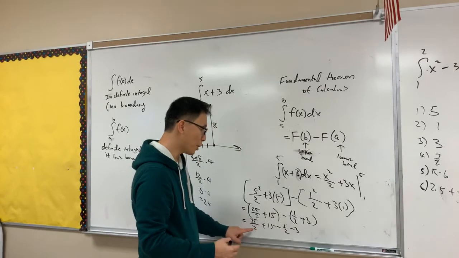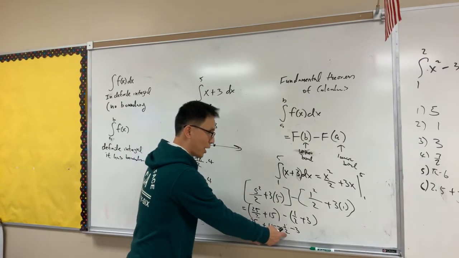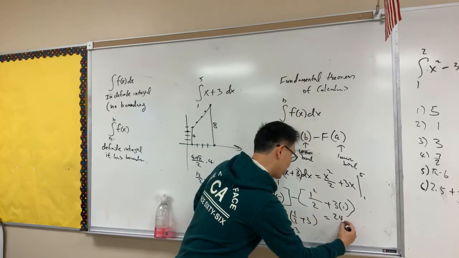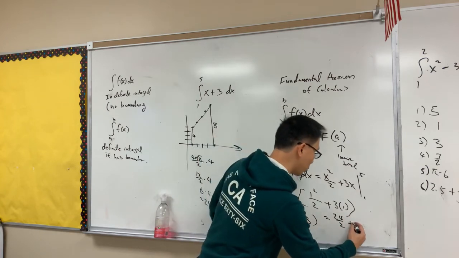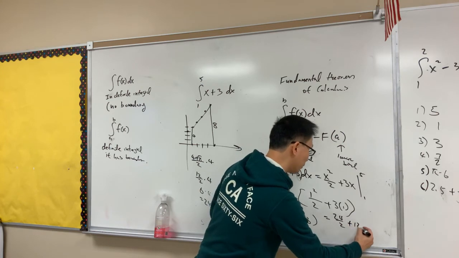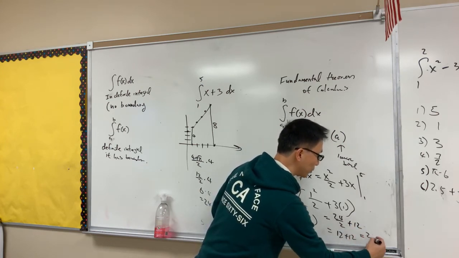Okay, so now I will combine those two fractions first. So that becomes 24 over 2, right? And I combine those two integers first, then that way I don't worry about the other thing. So it worked out pretty nicely. So it's 12, so that's equal to 12 plus 12. That's equal to 24.